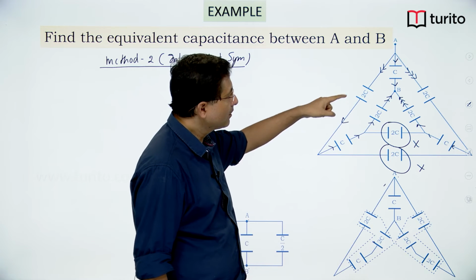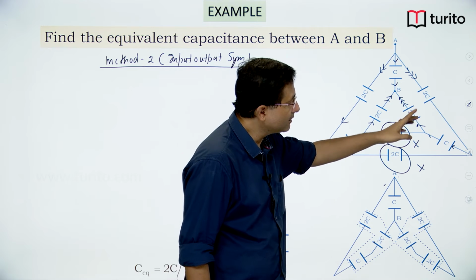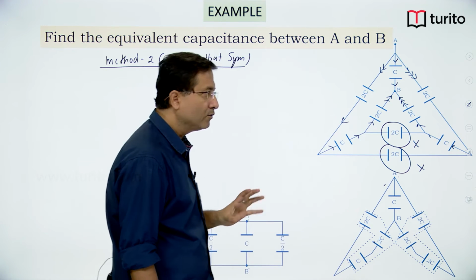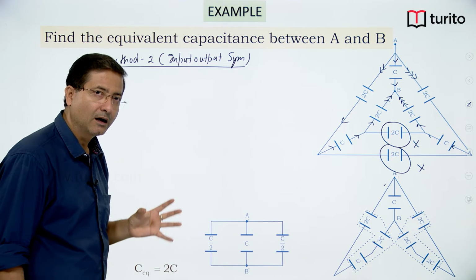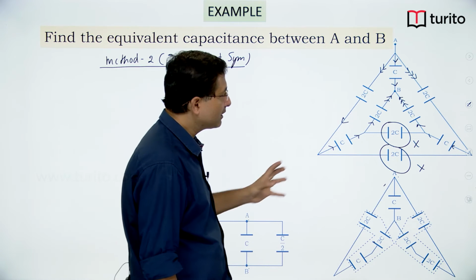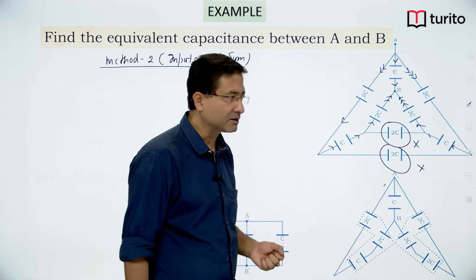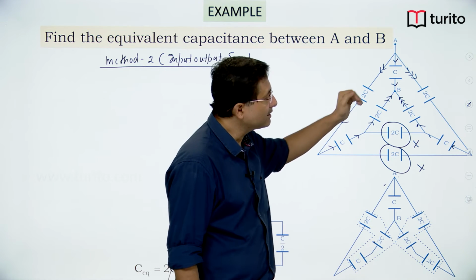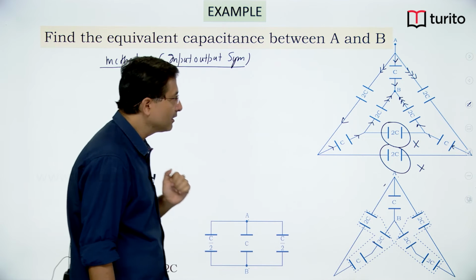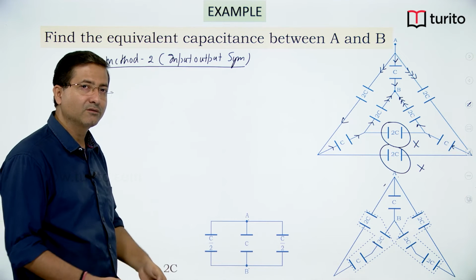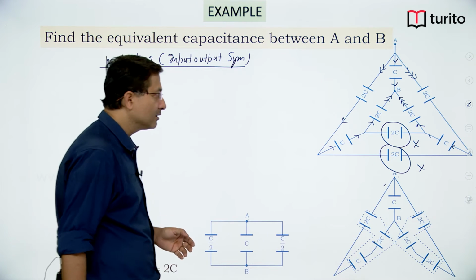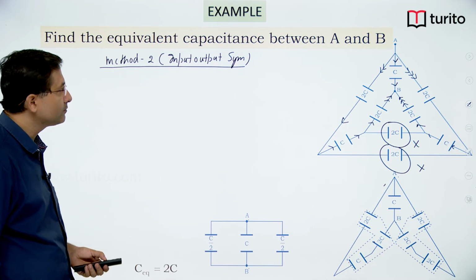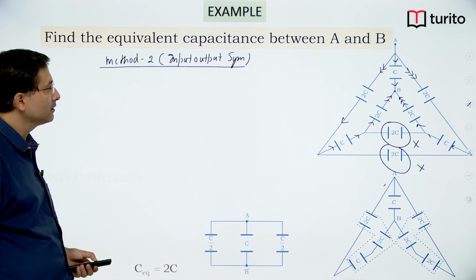If the circuit is having symmetry, we can easily decide which capacitors in the circuit are not useful, remove them and calculate capacitance, or by this method we can decide whether there is any distribution at the junction. If there is no distribution at the junction, we can open the junction and reduce the circuit, right. Now, let us see another example.